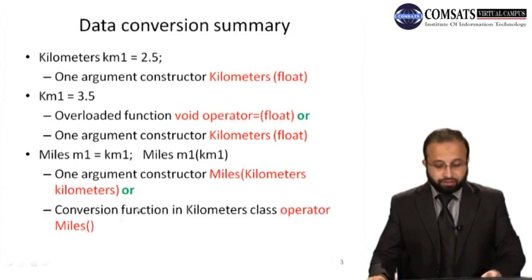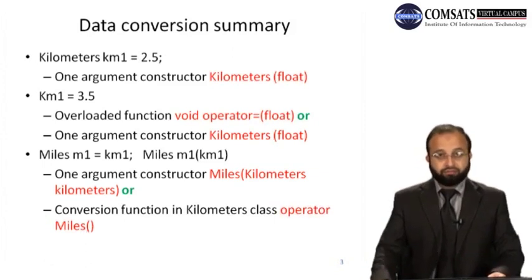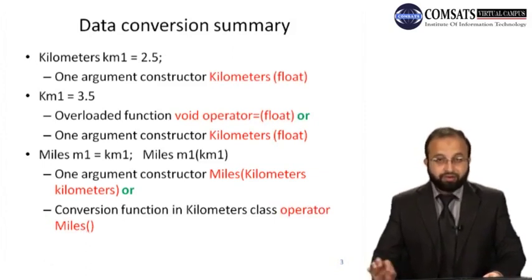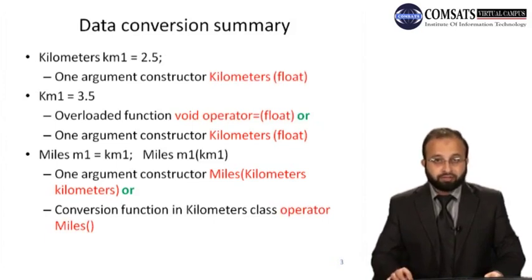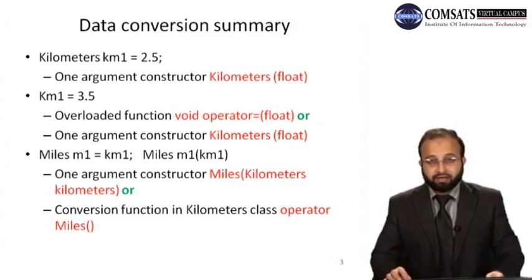So here the conversion function in the Kilometer class has the prototype operator miles, operator space miles. That is the name of the conversion function, and that conversion function returns the object of Miles class, right? How does it convert and return?